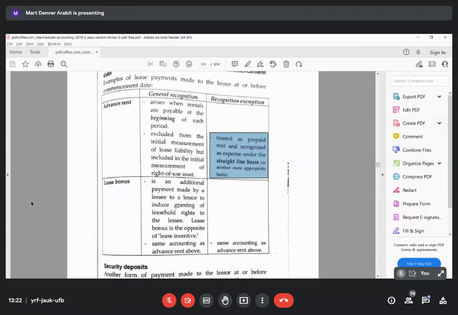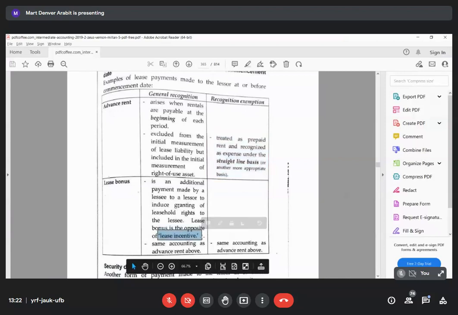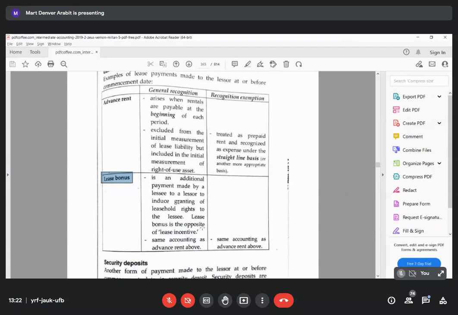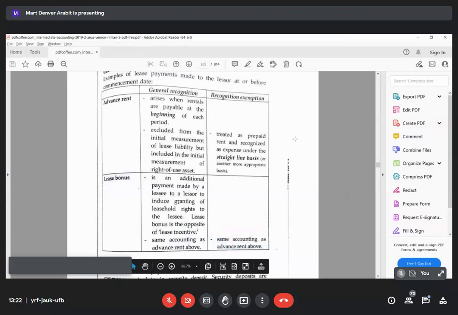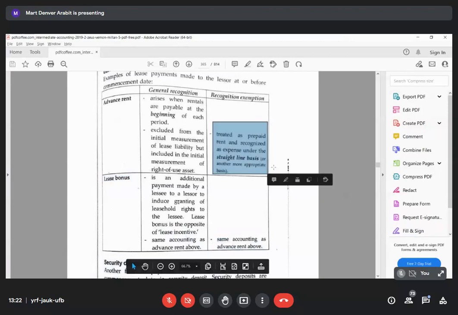So, parang, additional payment para sa kanya i-grant yung lease. So, lease bonus is the opposite of lease incentive. So, lease incentive decreases the lease payments while lease bonus increases it. So, same accounting as advance rent above and same treatment for recognition exemption.